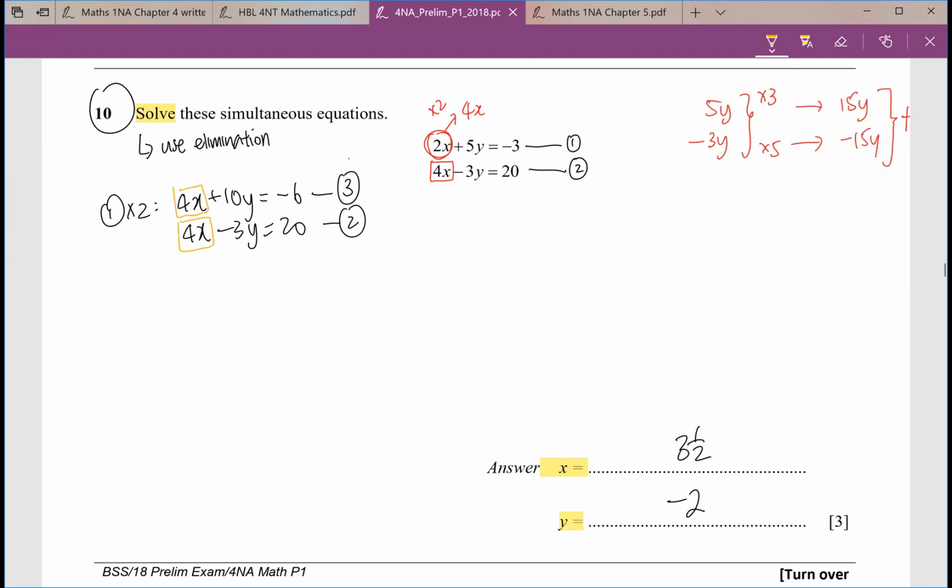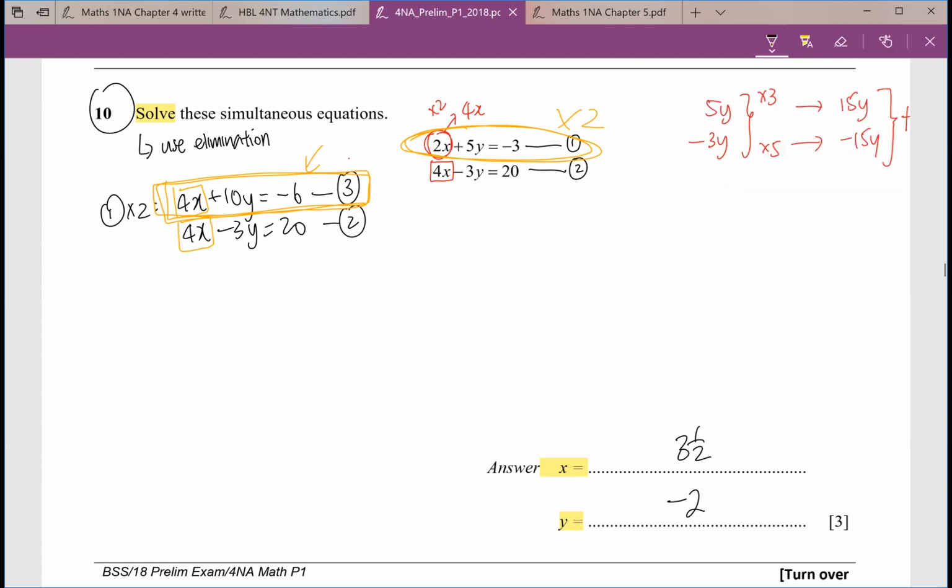The one that I boxed up. That one comes from the times 2. I times 2 this whole equation. Then I put it as equation 3, because it's a new equation.